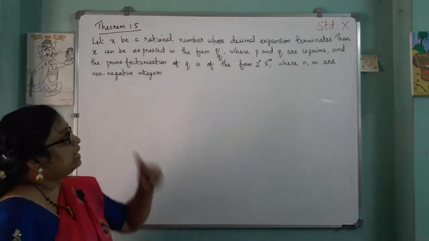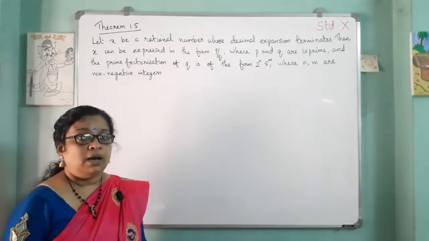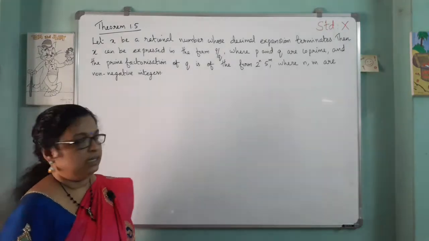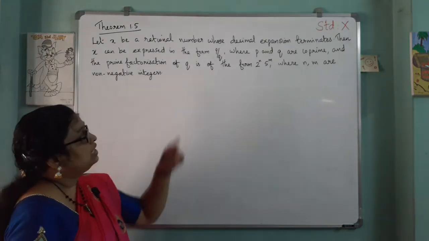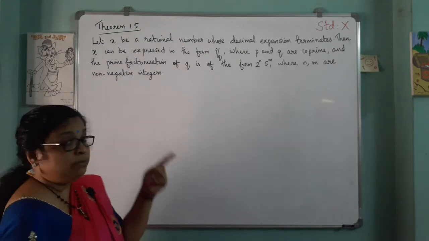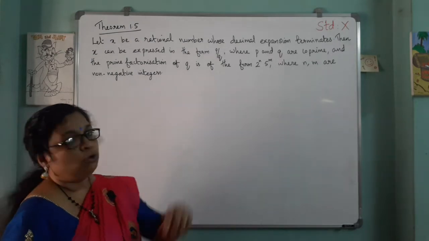Let x be a rational number whose decimal expansion terminates. We know that if a number's decimal expansion terminates, it is a rational number. Then x can be expressed in the form p by q, where p and q are co-prime.